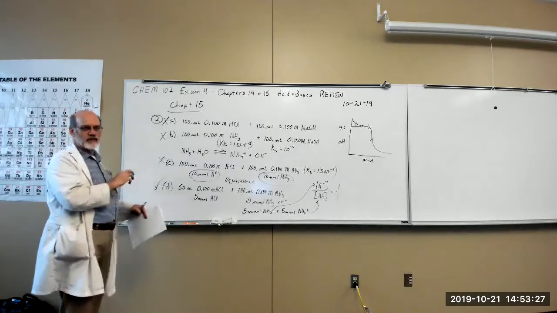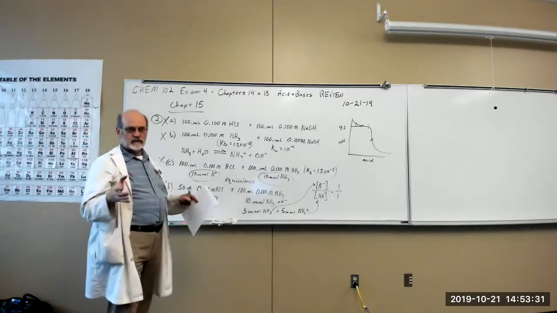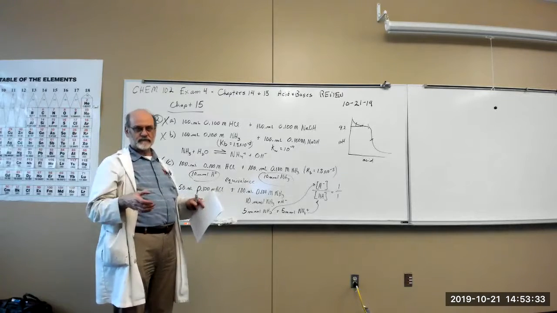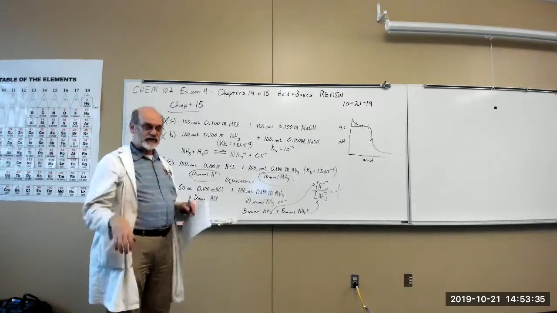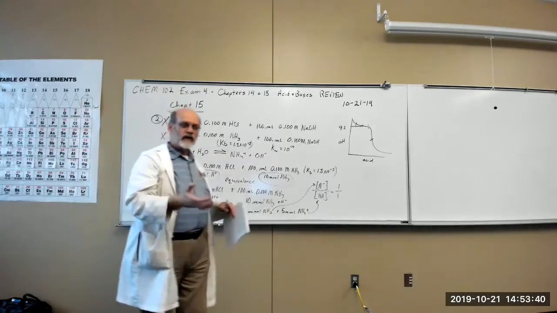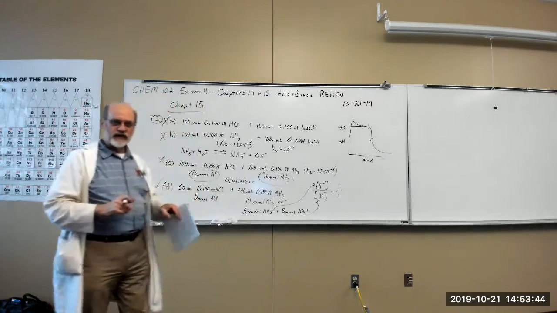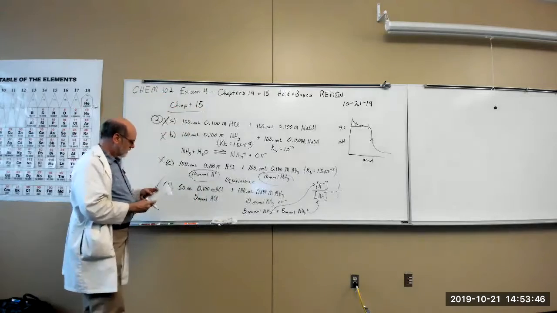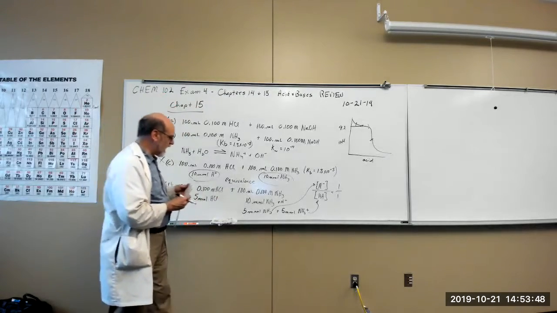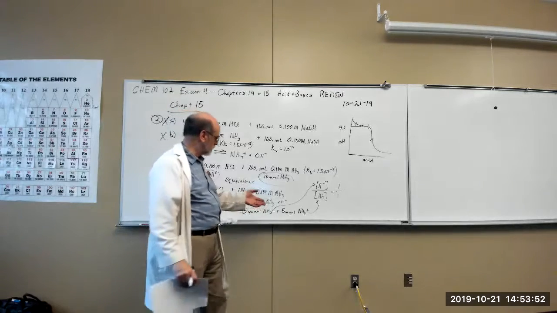Now, what can be a buffer and what can't be a buffer? Most buffers are weak acids with a strong base. Right? But there are some of them, like this example, where you have a weak base and a strong acid. But you end up with the same situation. What happens if we add protons? If we add acid to this one, what's it going to do?